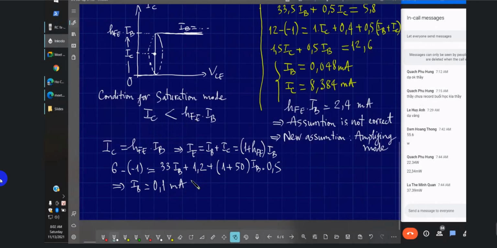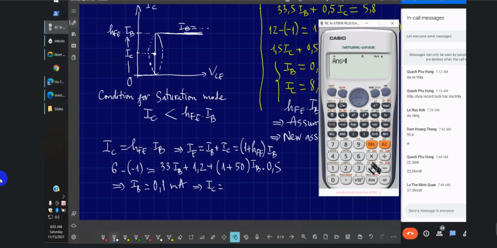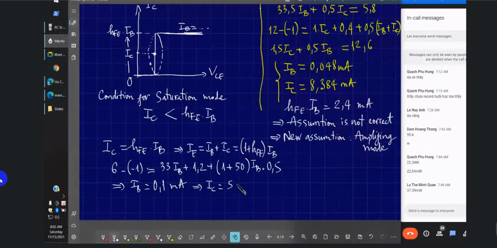And then I have my IC, multiplied by 50, and then I got 5 milliampere.